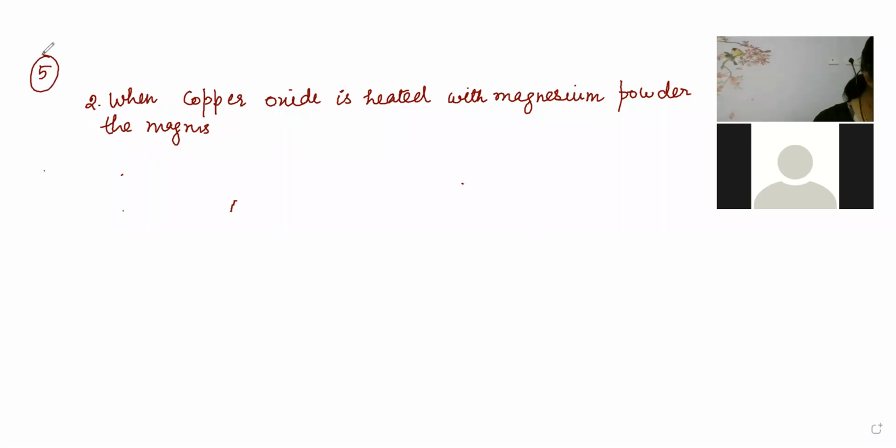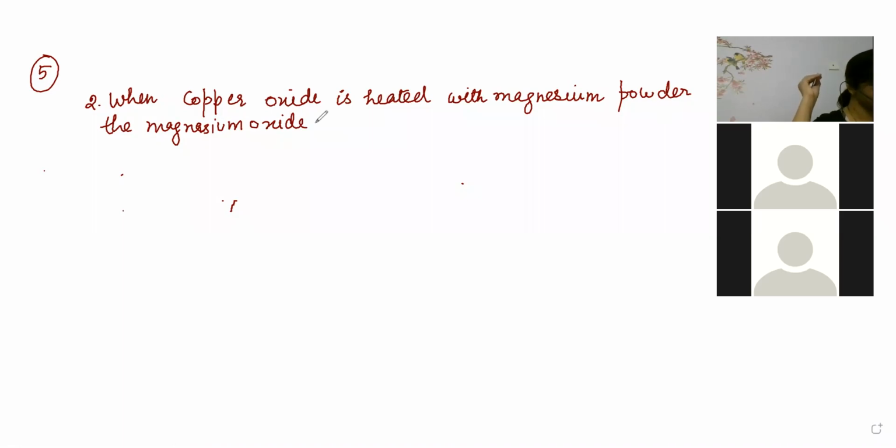So it gives magnesium oxide and copper metal as products. Simple way of writing.